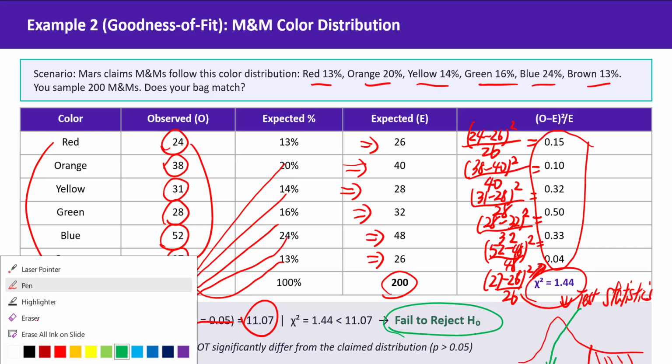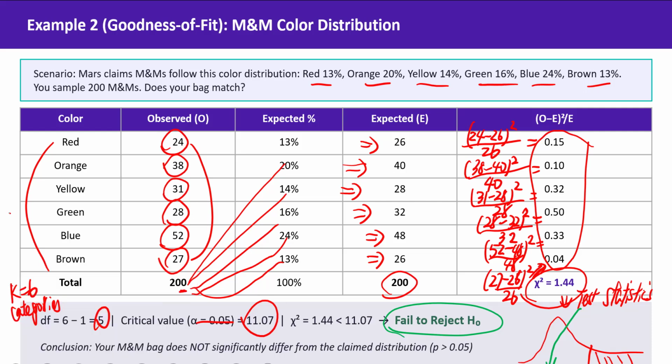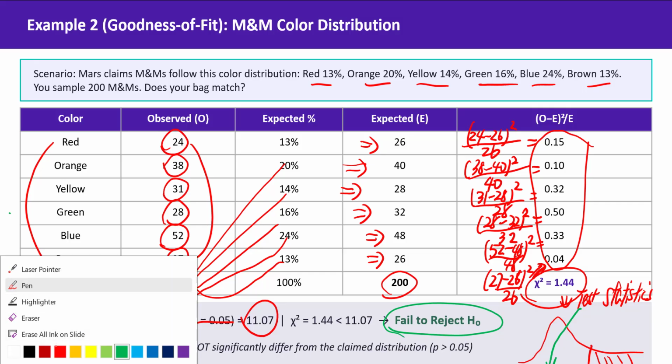That means the M&M data does not significantly differ from the claim, meaning observed frequency is equal to expected frequency, right? No statistical significance here.